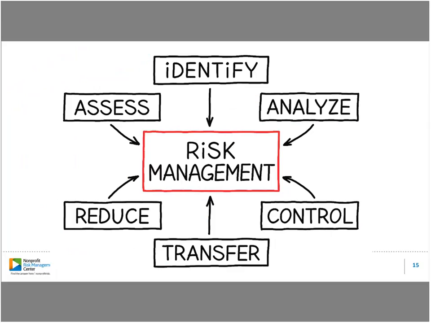So back to this picture that I showed at the beginning, these three words along the bottom are different ways that organizations choose to manage risk. And the first is reduce. So to reduce risk is to really optimize the positive aspects of that risk and to try to reduce or get rid of, as best as possible, those negative consequences.